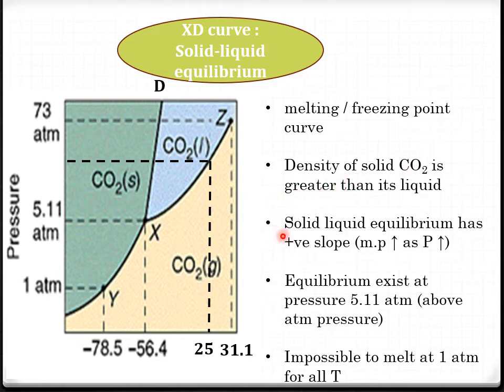Solid-liquid equilibrium has a positive slope, meaning that it has high melting point as the pressure increases. The equilibrium exists at pressure 5.11 atm, which is above atmospheric pressure, and it is impossible to melt at 1 atm for all temperature.